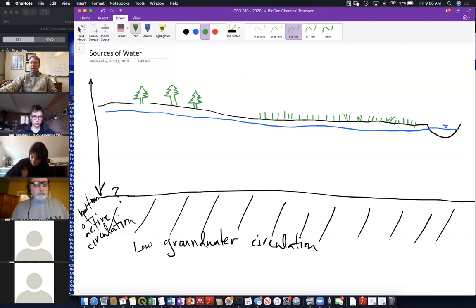And then as that algae dies, it gets consumed and all the oxygen in the water gets used up, all right? So today what we want to focus on is the ways we actually get the nutrients into the stream.